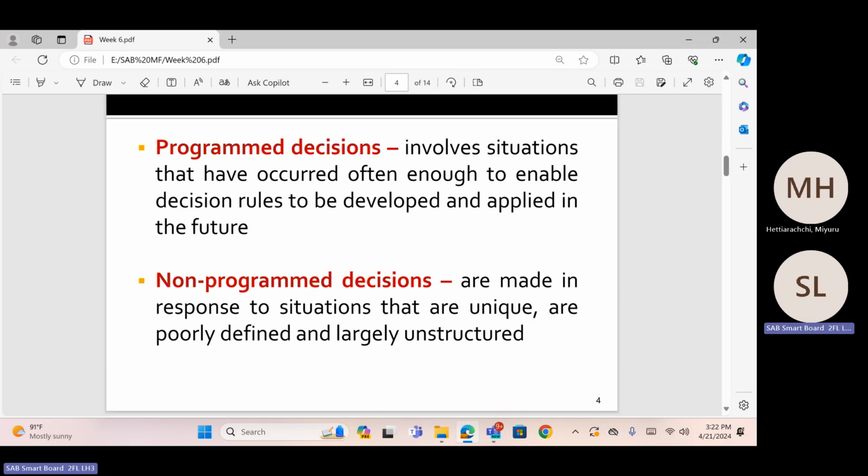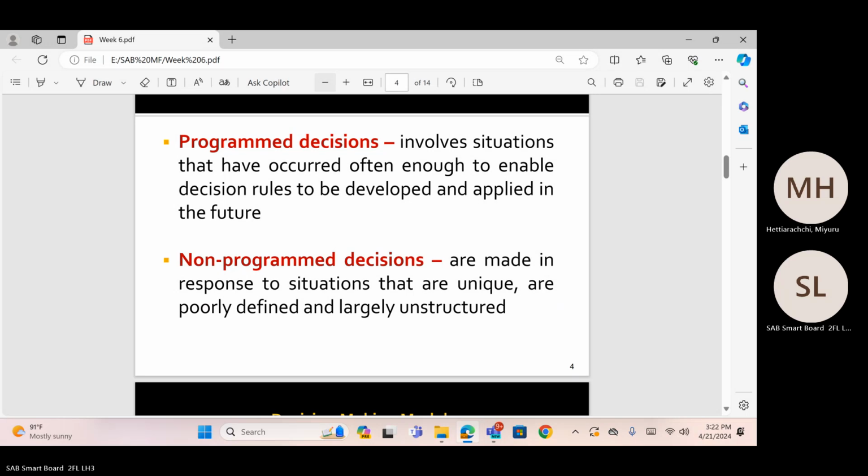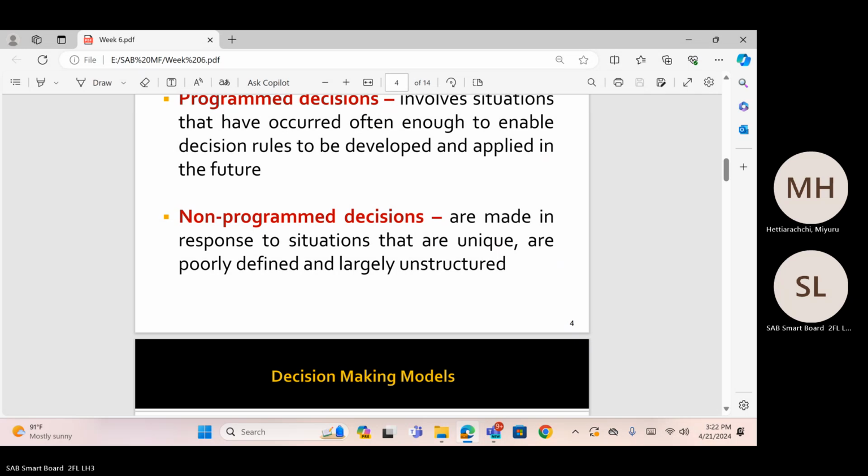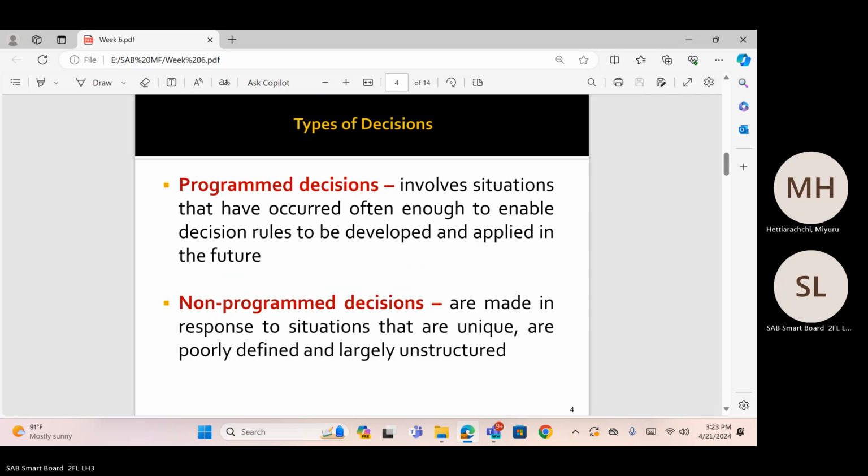Right, then we can identify different types of decisions. Then we can identify two types of decisions. But you can identify any examples, no? Can you say decisions?